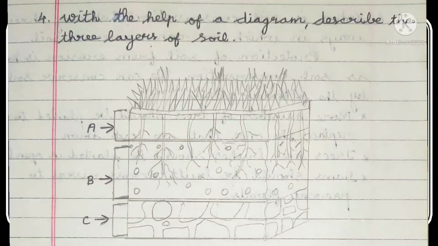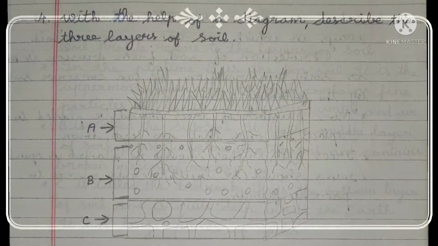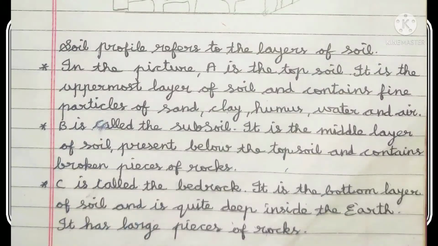Fourth one, with the help of a diagram, describe the three layers of soil. First, you have to draw the diagram. Below that, you have to write the answer. Okay. Soil profile refers to the layers of soil.